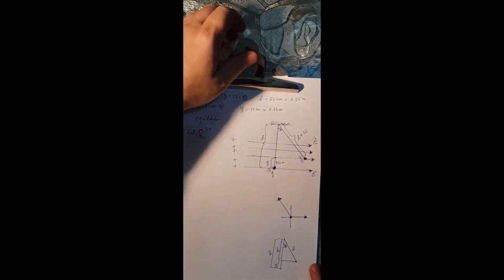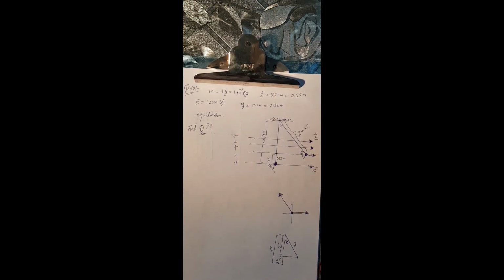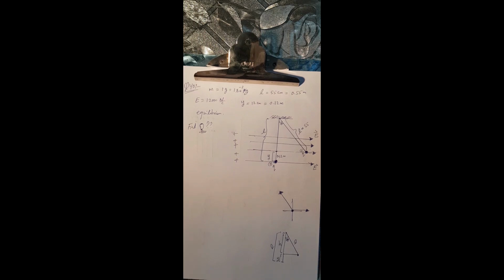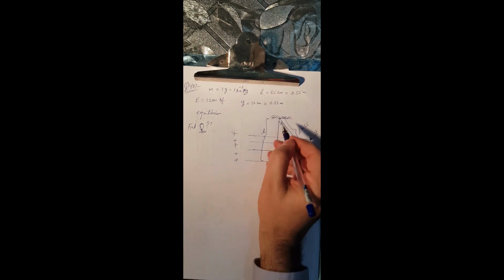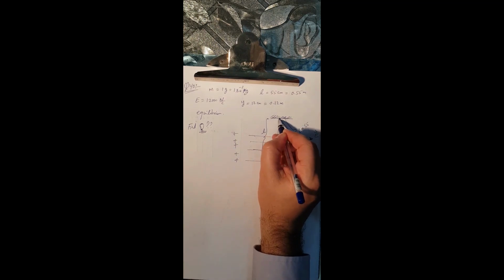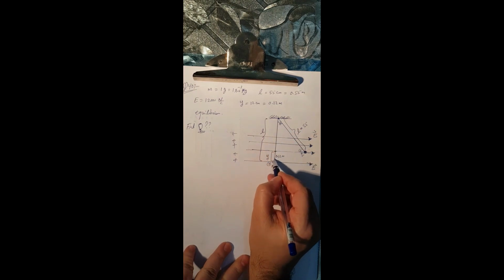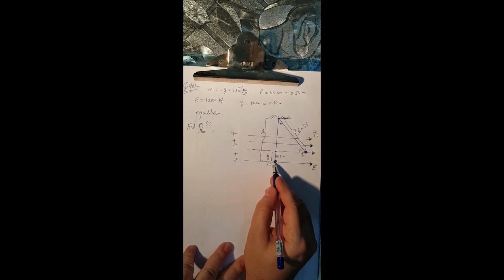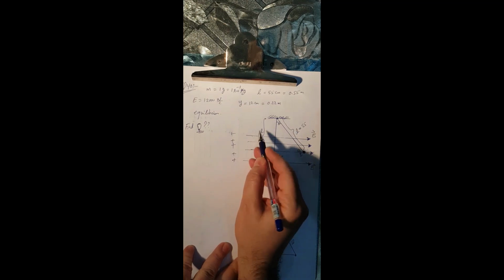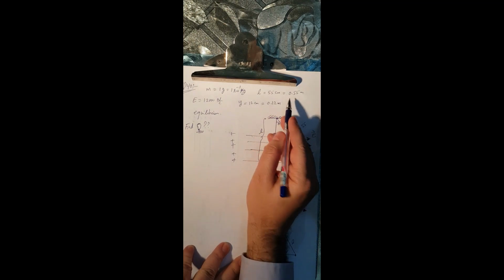Now let's look at the steps to solve this question. Now here I did a diagram for you. Initially we have a pendulum, a cord with a length L, and L is 55 centimeters.